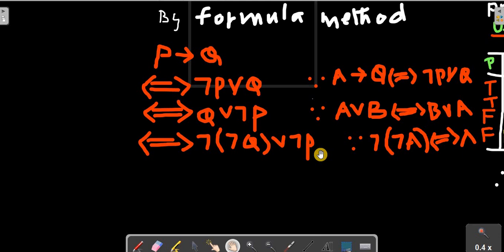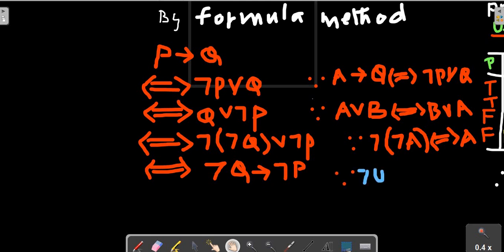Now what rule am I using now? From here to here I am using this rule. Now we can write this as negation Q implies negation P. Now from this step we can get this step. How? Again, one rule says that negation U or C would be equal to U implies C. That rule is applied from here to here.